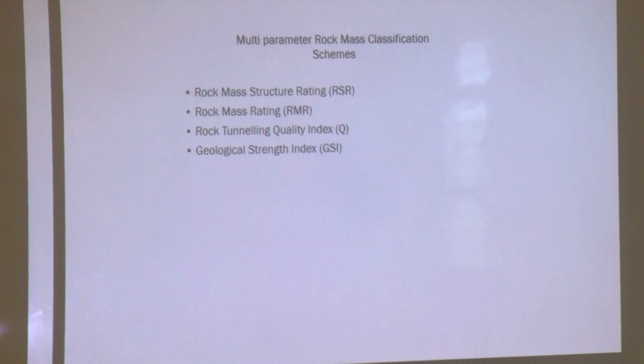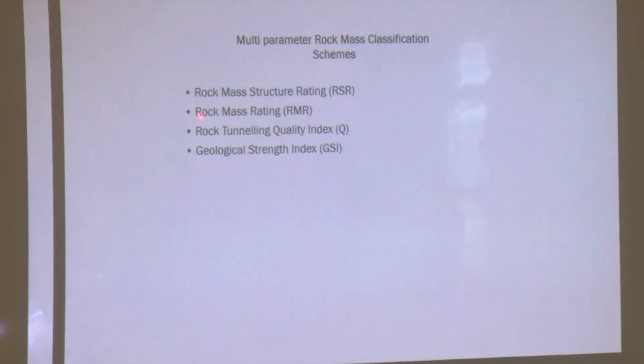They are rectifying their errors and coming out with a better classification system. So RMR is still in the phase of modification, and the quality of this rating is improving.